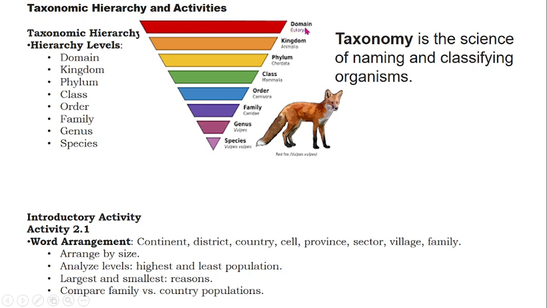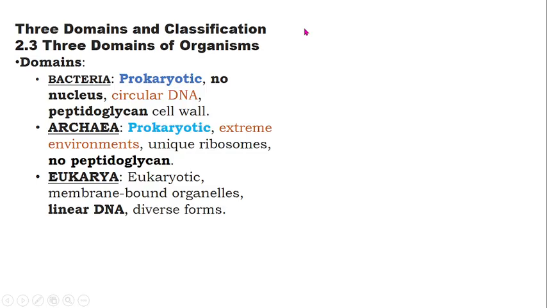Those are the three domains in the taxonomic hierarchical classification: bacteria, eukarya, and archaea. Number one is bacteria.